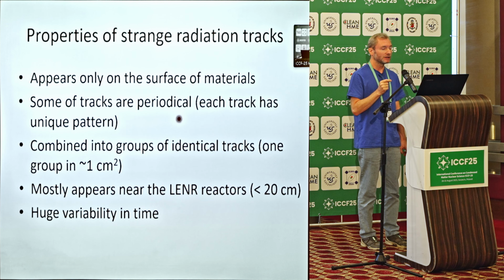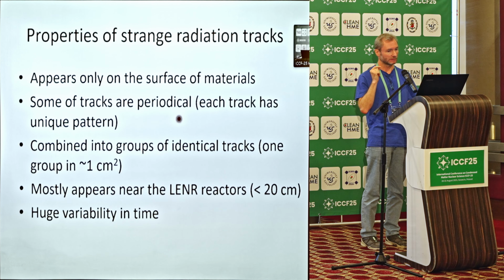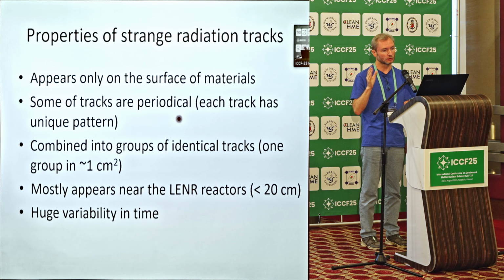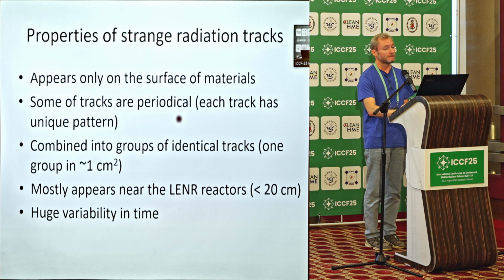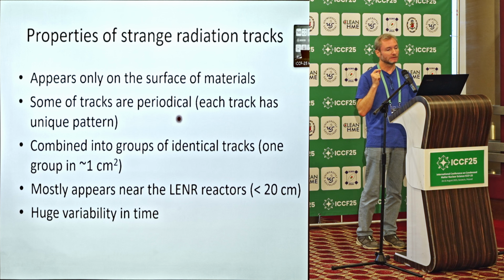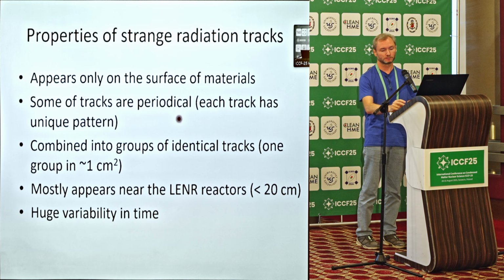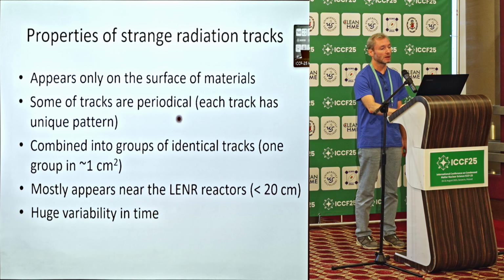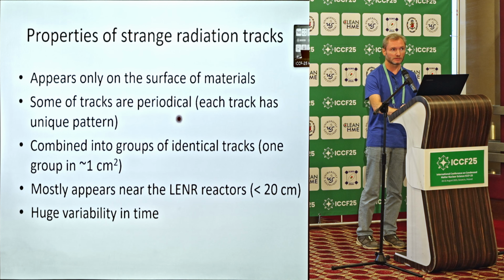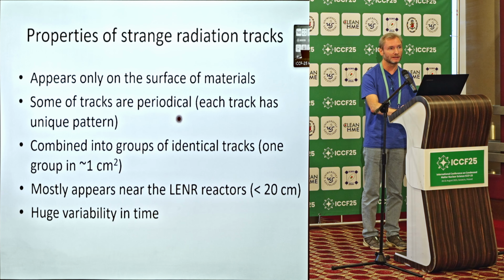Tracks are usually combined into groups of identical tracks, one group per 1 centimeter squared. Mostly they appear near the LANR reactor, in a near zone about 20 centimeters. And this effect has huge variability in time.